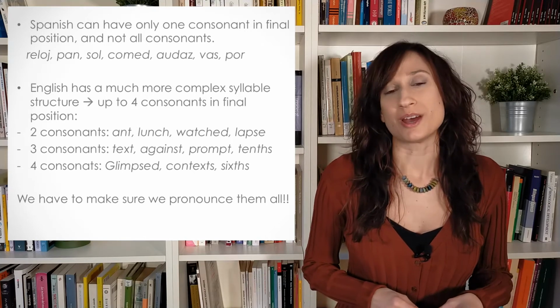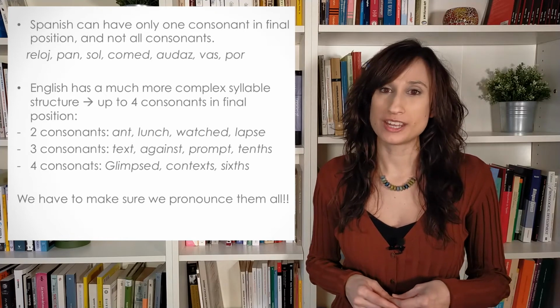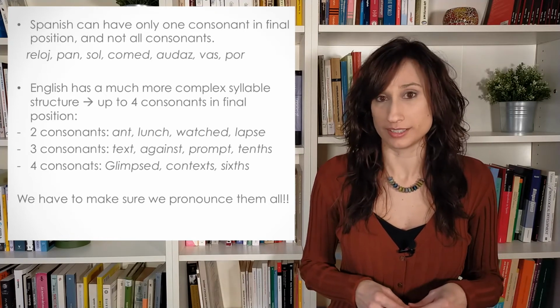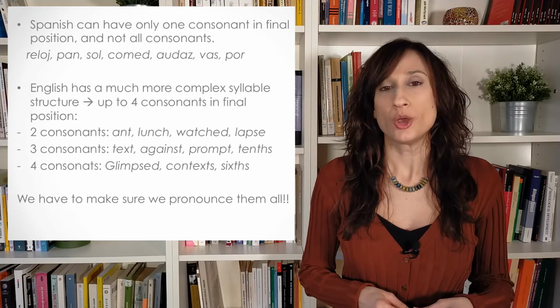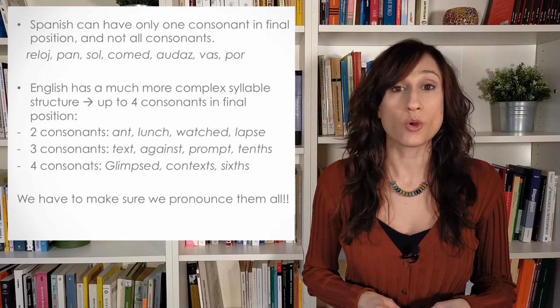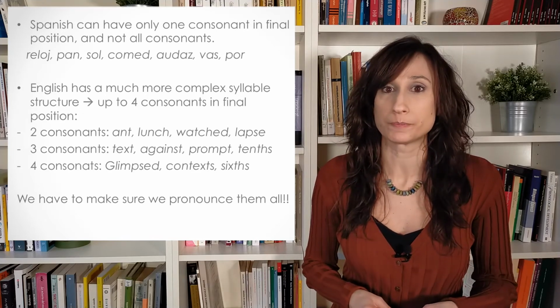Right, so it's true that in this case, when you have 4 consonants in final position, even English speakers will simplify these consonant clusters. But when we learn English as a second language, we need to make an extra effort to be able to pronounce all the consonants that we encounter in a word and not simplify them.